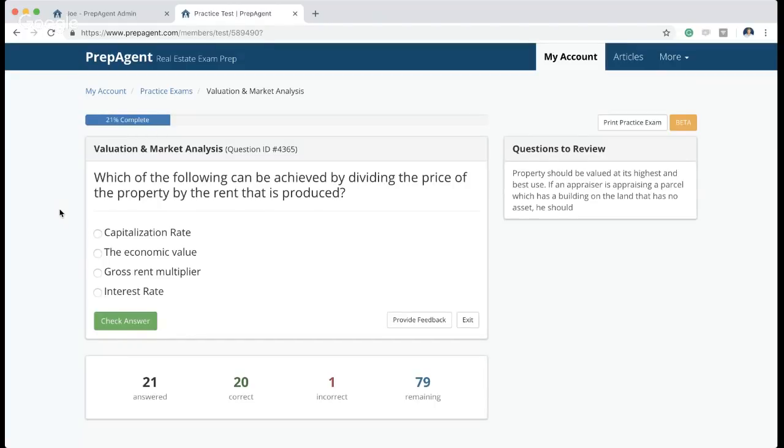Which of the following can be achieved by dividing the price of the property by the rent that is produced? A, capitalization rate. B, the economic value. C, gross rent multiplier.